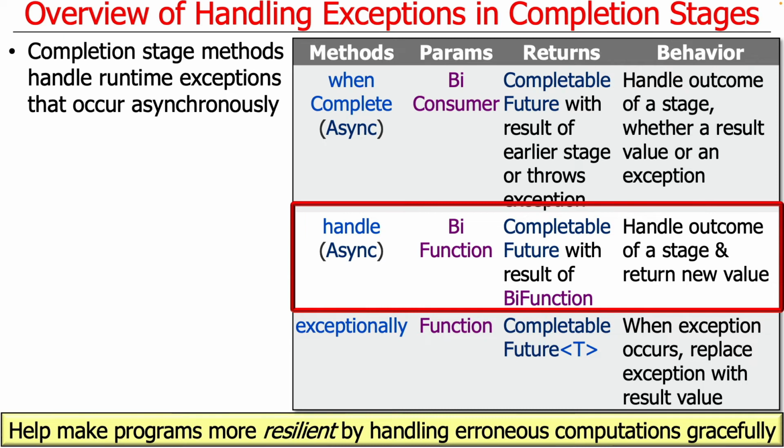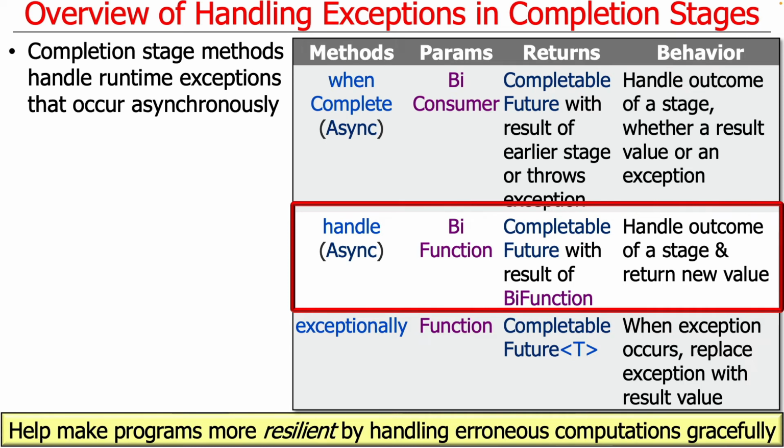The next set of exception handling methods is called handle, which is kind of a lame name, but it's called handle. It takes a BiFunction. So unlike BiConsumer, which has no results, BiFunction has a result. And so what you can do with handle is actually perform an action that could, in fact, change the results that come back.